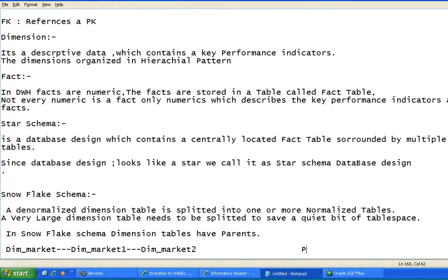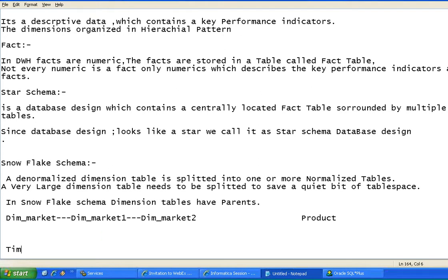Similarly, the other tables can be like a product table, market table, or a time table, whatever it is. Quality table, something. All the dimension tables will be here, and the fact table also will be here. The only difference between star schema and snowflake schema is that in snowflake schema, we split the dimension tables into normalized tables.